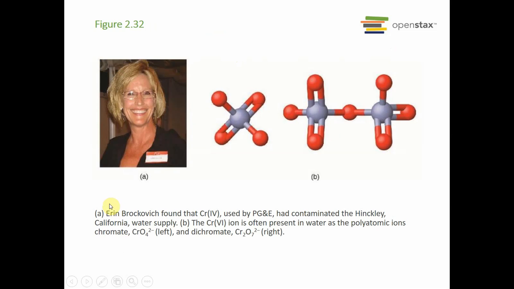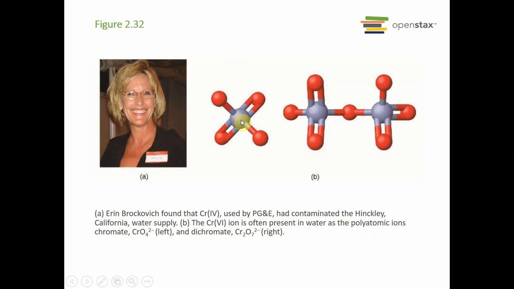Okay, Erin Brockovich found that chromium-6 used by PG&E had contaminated the Hinkley, California water supply. The chromium-6 ion is often present in water as the polyatomic ions chromate and dichromate. Right.